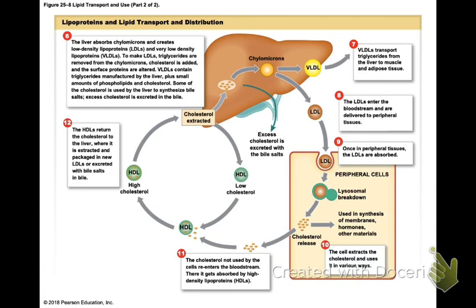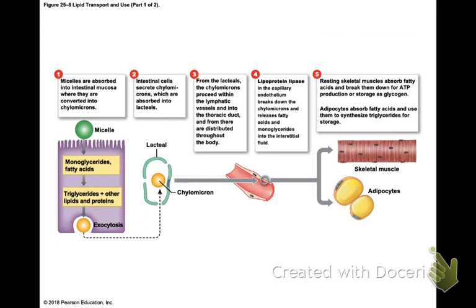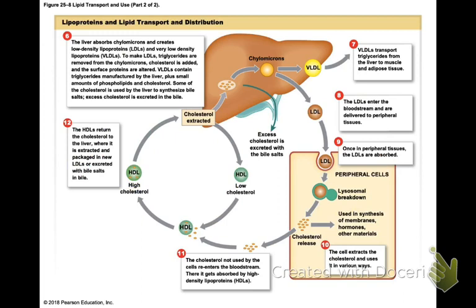And VLDL's job is to grab any remaining triglycerides and deliver them to the muscle and adipose. And going back to the last picture, that lipoprotein lipase in those capillaries of your skeletal muscle and your adipose tissue will pick up those fatty acids and store them. So that's the job of VLDL.